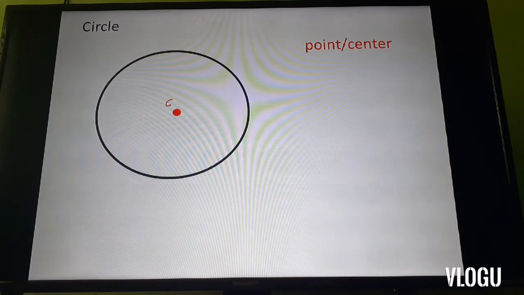Now the next part of the circle is the diameter. Ang diameter po kasi came from one point on the circle, passes through the center of the circle, and goes through the other point of the circle. I have here my diameter.